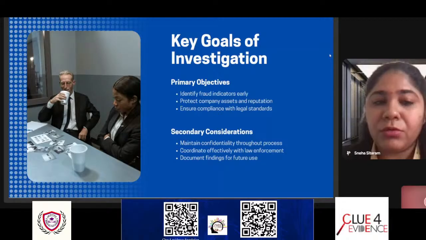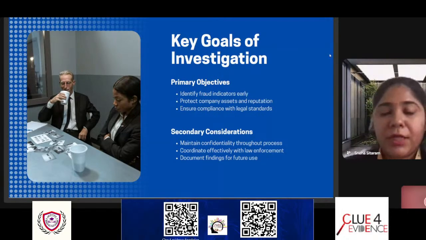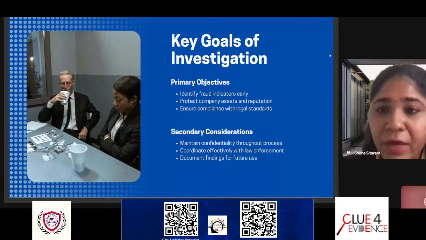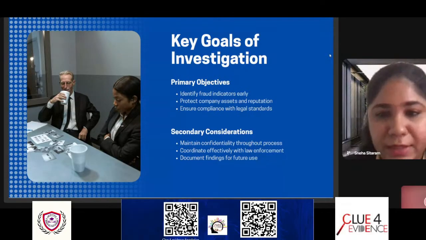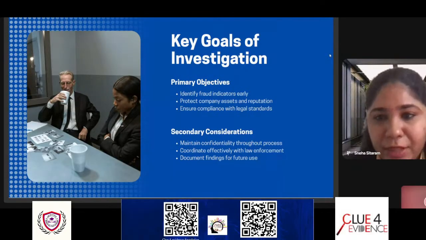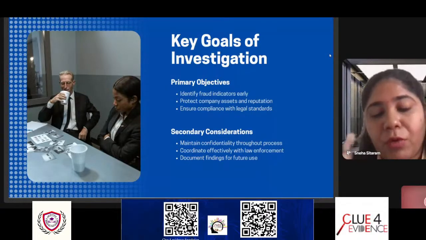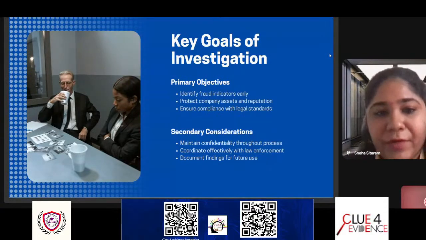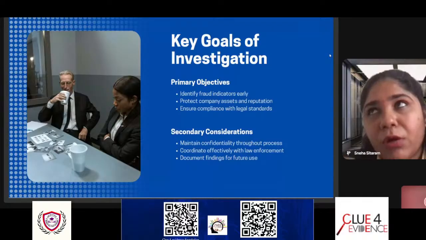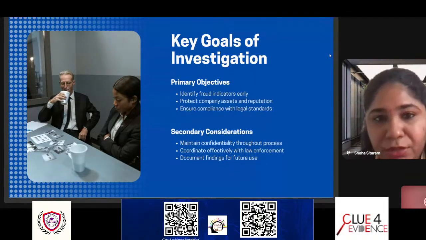Coming to the goals of investigation, we have to understand who will do the investigation, who can do it, and what the team structure of an investigation should be. I'm talking from the angle of an organization or a company.